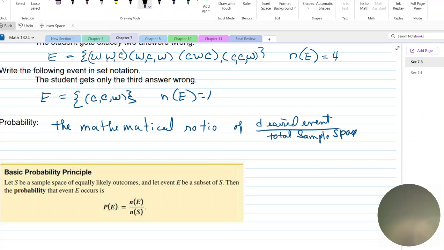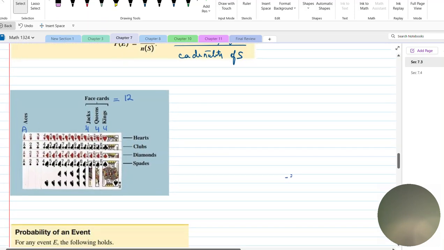This is how it's written: the cardinality of E over the cardinality of the sample space.